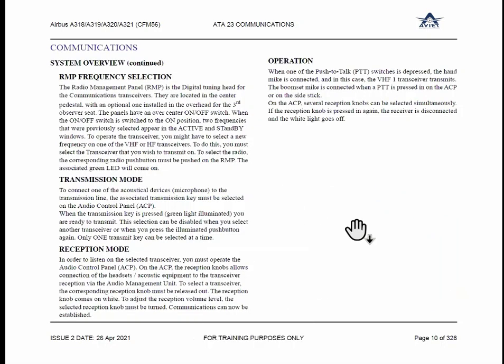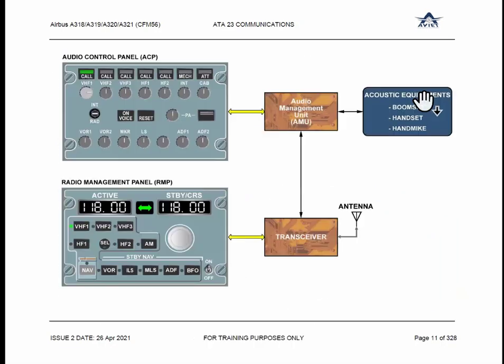Now, how does the system work? Here 3 components are there: radio management panel, audio control panel, transceiver, and antenna.